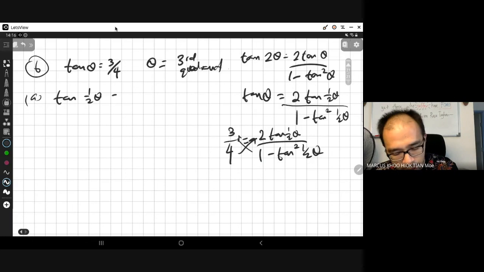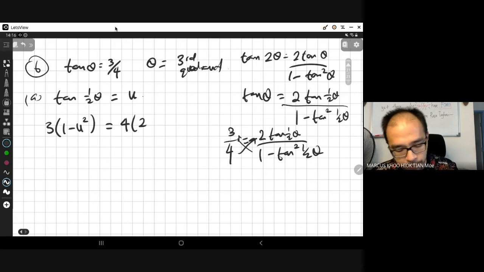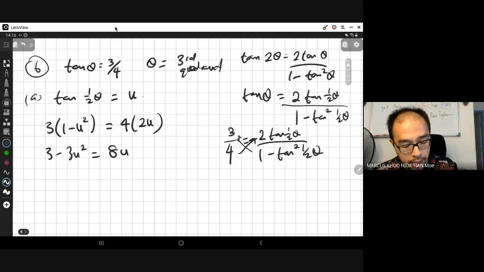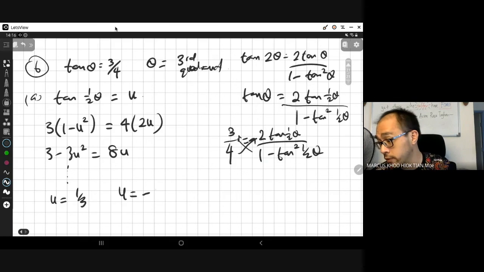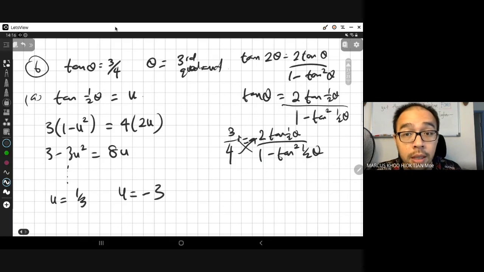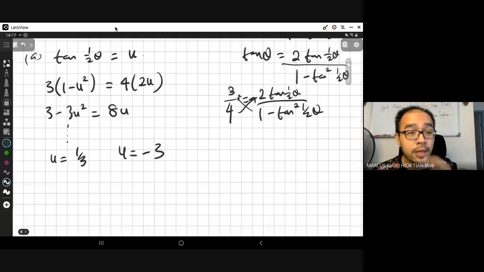Let's say tangent half theta equals u. So I'll get 1 minus u squared equals 4 times 2u. So 3 minus 3u squared equals 8u. And so when we do this, we'll get u equals 1/3 and u equals -3.